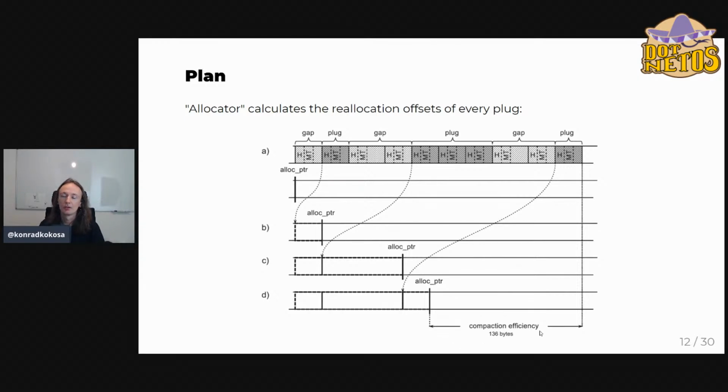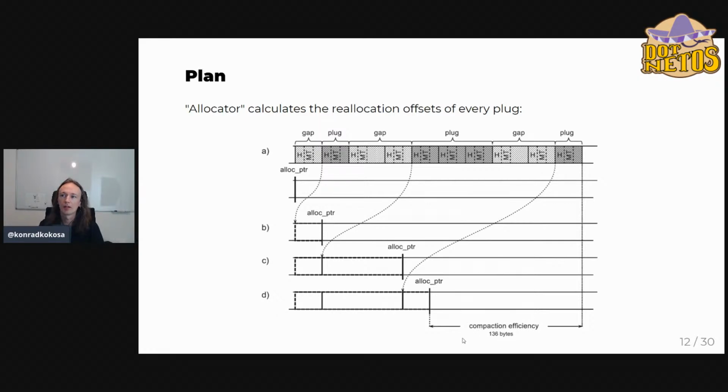We will know by how many bytes we will reduce the size of the heap if we decide to compact, because the compaction efficiency is just the difference between the current size and the size of the heap after compaction, which we know because it is just the space after the virtually allocated object. So we know this without allocating or doing anything. It's all happening in memory.